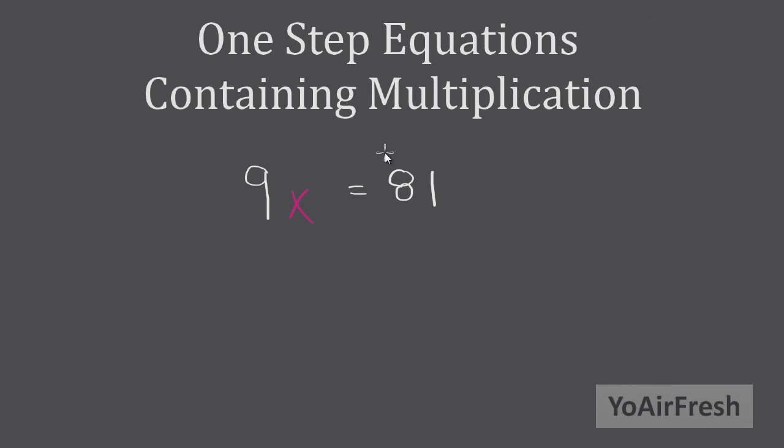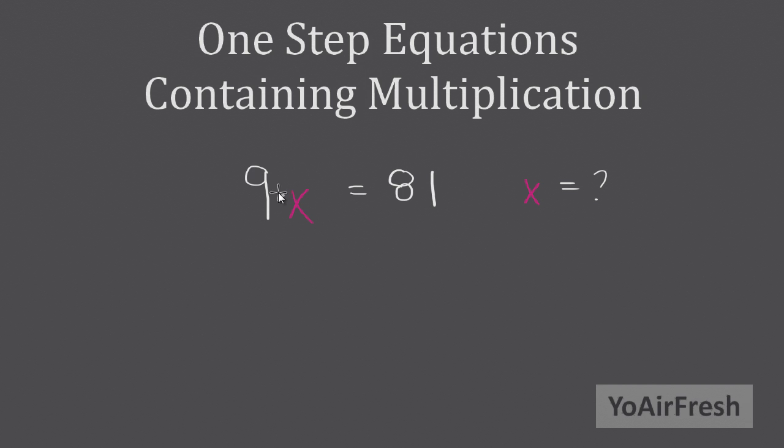You're given this problem, and you have to solve for x. What does this problem even mean? Well, this means that 9 times a number, some number we haven't found yet, equals 81.